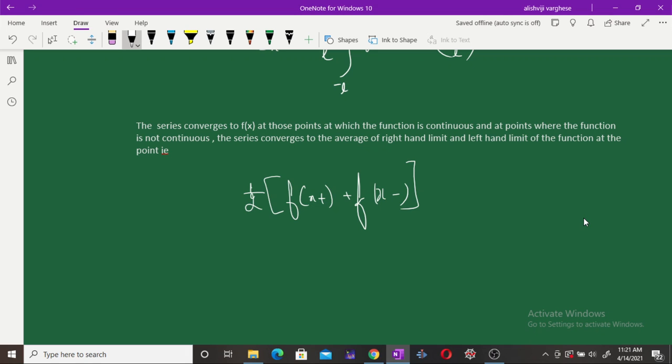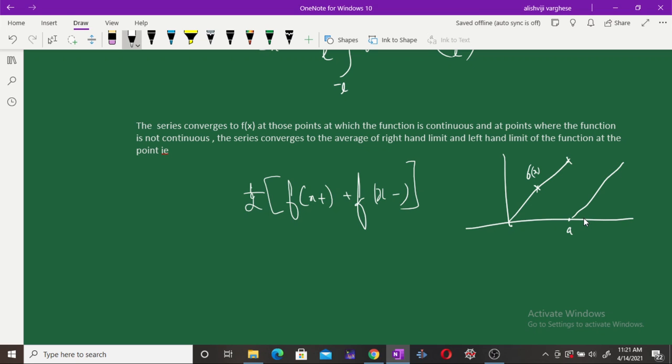For example, if you have a function which has a discontinuity at this particular point A, then for all other points the function is continuous. If the function is something like this, a periodic function, then at a point of continuity, the Fourier series expansion will converge to the value of f of x.